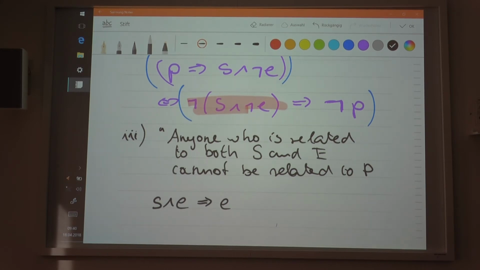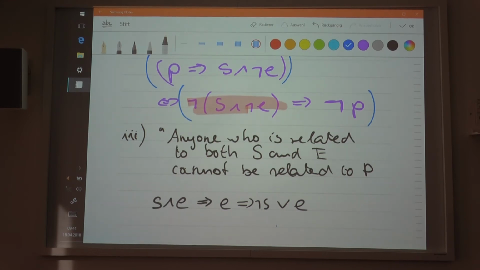So that is sufficient, guys. If someone is related to Emily, then this implies, on the other hand, that the corresponding person is related to Emily or not to S. This is also an implication that you can make.